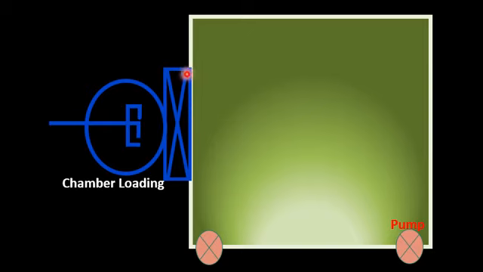There is a kind of disc in the chamber loading setup, or the load lock setup, which flips, and the samples in precursor form are kept somewhere inside the chamber loading setup.